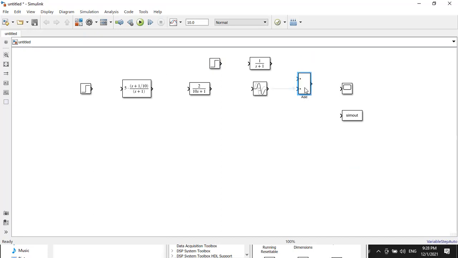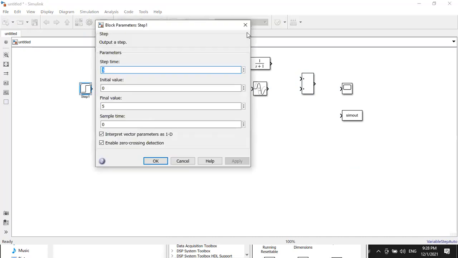We can have this here, and give the first transfer function. We can give the step function here. Basically, we will have to give the same function that we gave here. So it was step time 3 and final value 5.